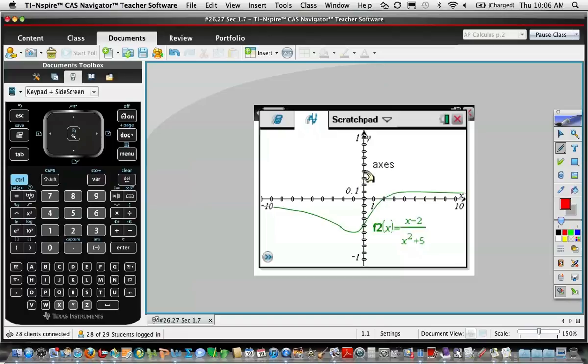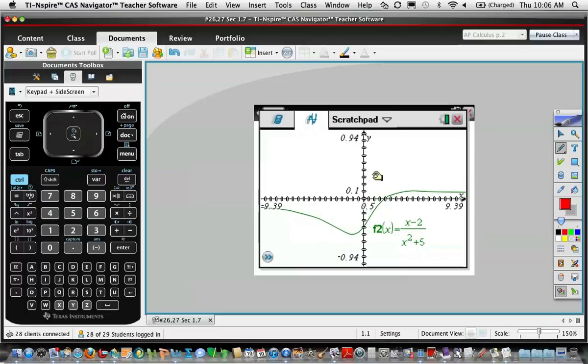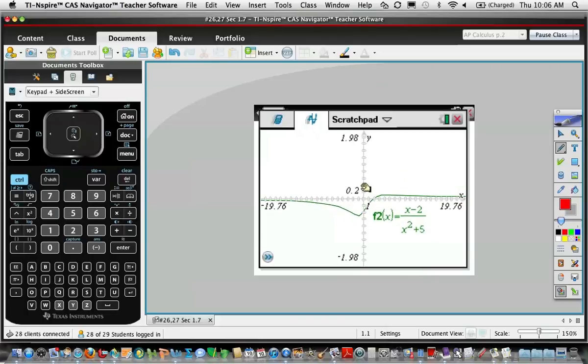Whenever the axes highlight like this, whenever you move that hand over the axes, if you hold down and drag up or down or left or right, you can manually zoom that graph, which is kind of nice sometimes too.